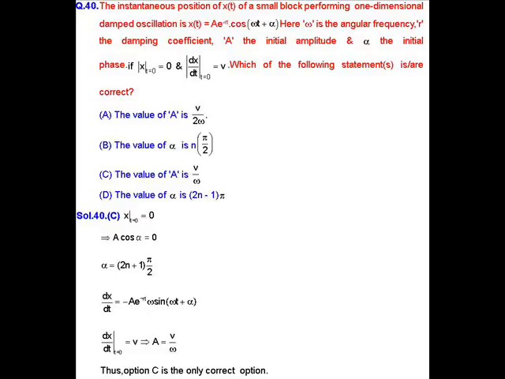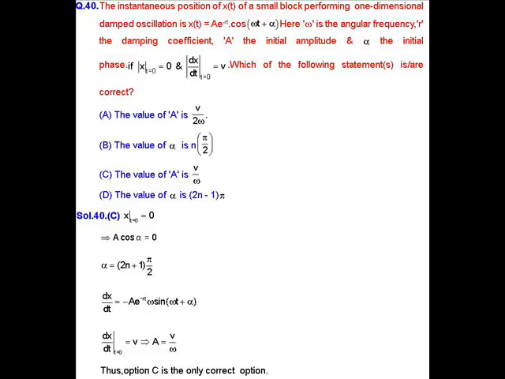Similarly, the first derivative of the position, dx upon dt, equals minus a e to the power minus gamma t omega sin of omega t plus alpha. At time t equals 0, dx upon dt equals v, that implies a equals v by omega. So according to this, option C is the only correct option.